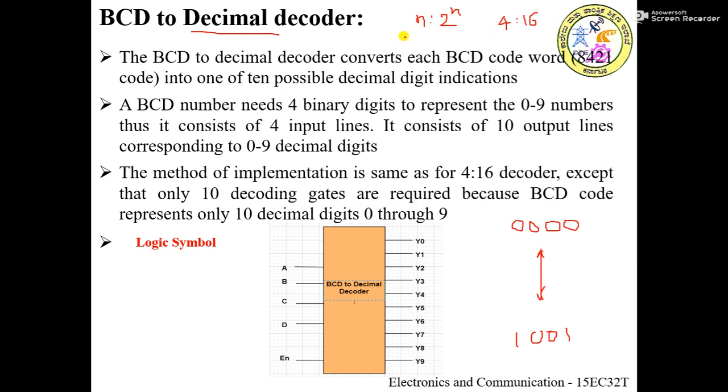But here this is a special decoder where the input combinations are restricted to 10 numbers. To represent the decoded information, I need only 10 outputs.